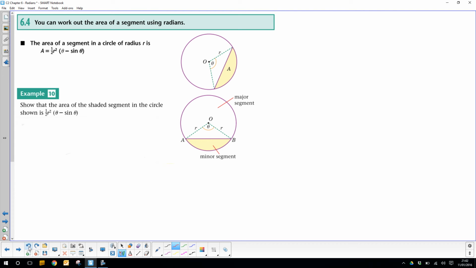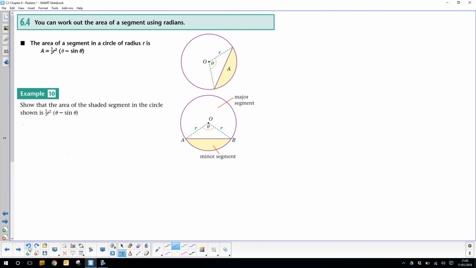So, example 10, show that the area of, well, firstly you're given the formula, the area of a segment in a circle of radius r is this. Okay, so we've got the area is a half r squared (theta minus sine theta). That will give us the area of A here when we know the radius and we know the angle at the centre. Now, where does it come from?